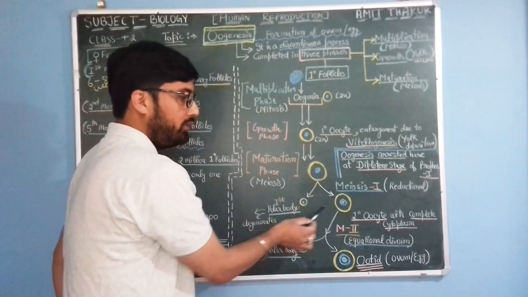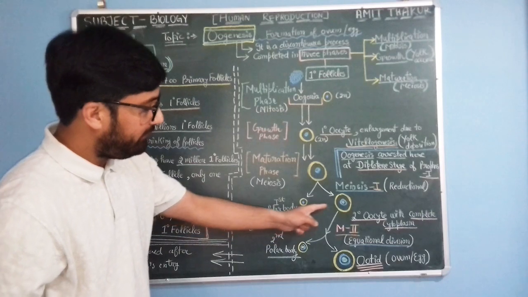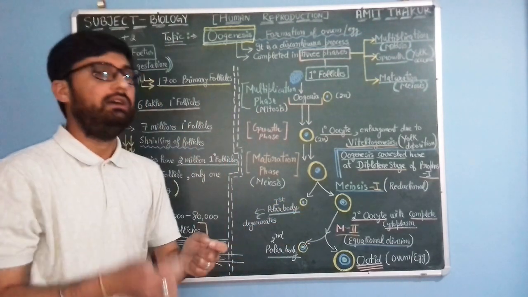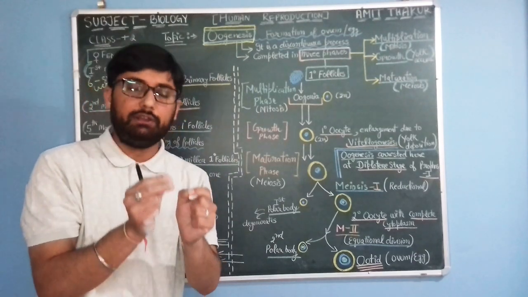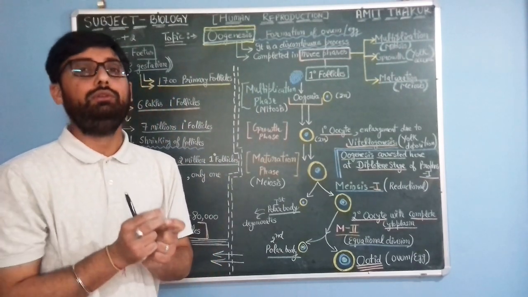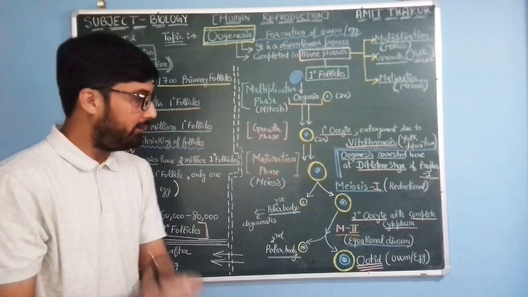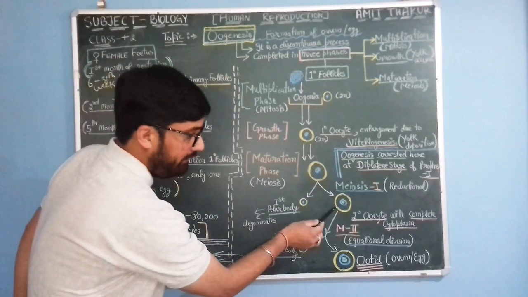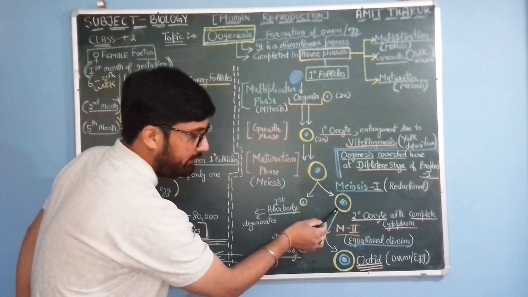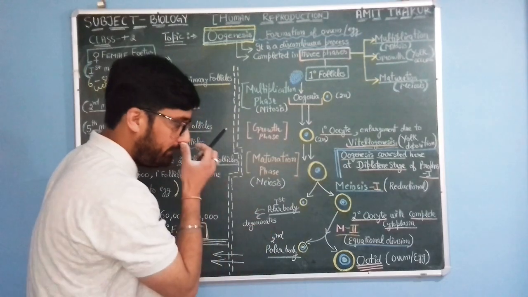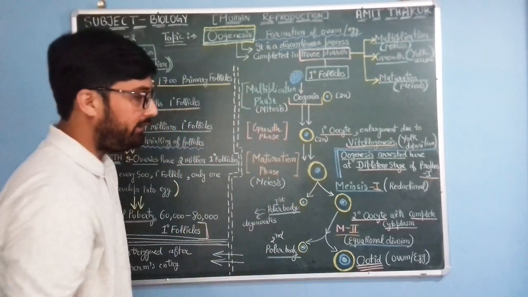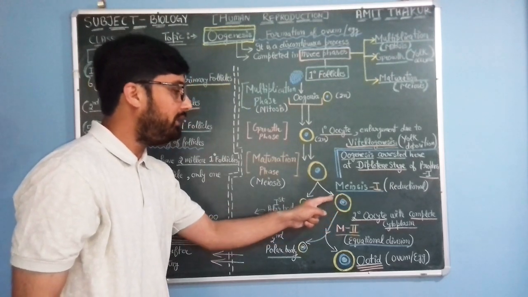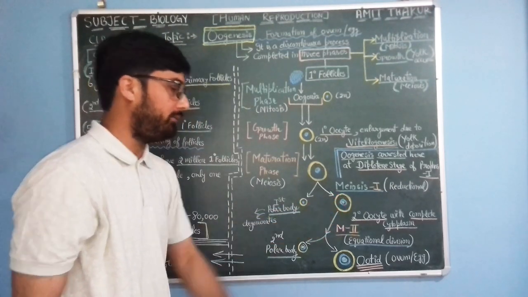They will form two daughter cells, and during meiosis 1, what would happen? There is uneven distribution of cytoplasm. So due to uneven distribution of cytoplasm, you can see the difference over here. This is the normal sized oocyte or secondary oocyte with complete cytoplasm.